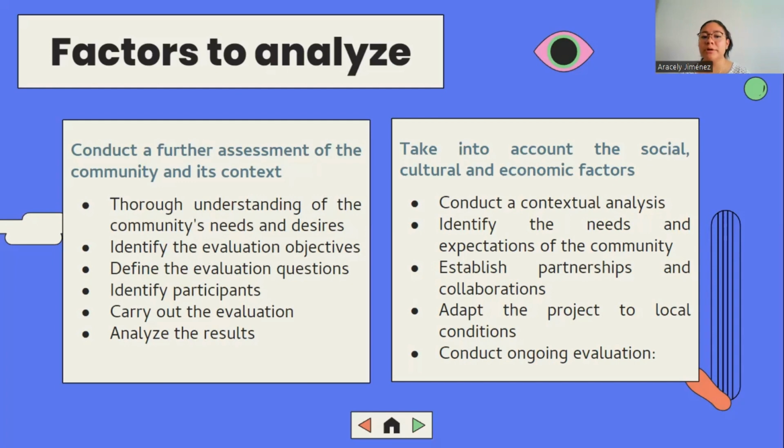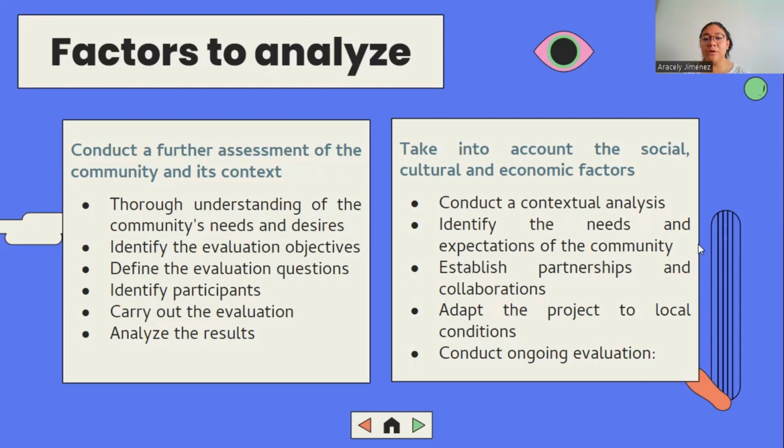First, identify the evaluation of the objectives, define the evaluation questions, identify the participants or the stakeholders, carry out the evaluation, and finally analyze the results. The second factor is to take into account the social, cultural, and economic factors.